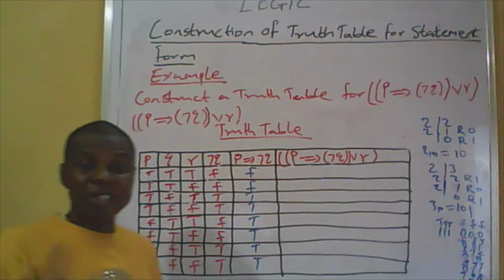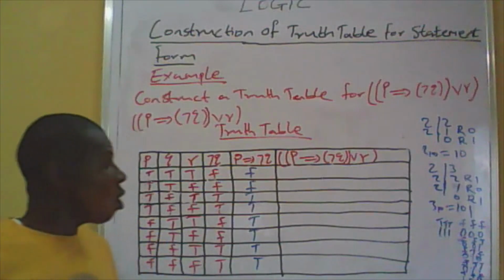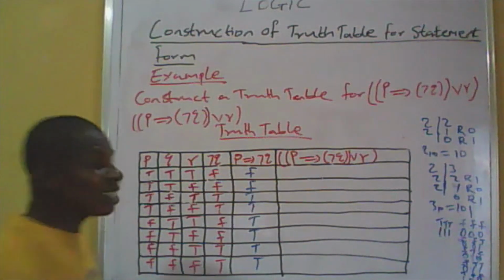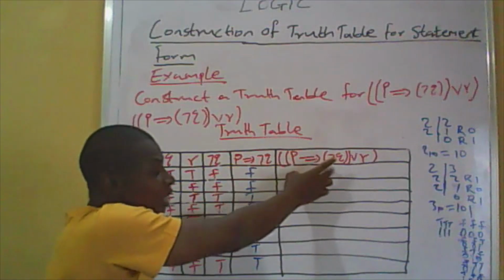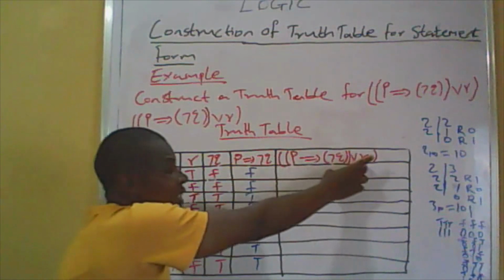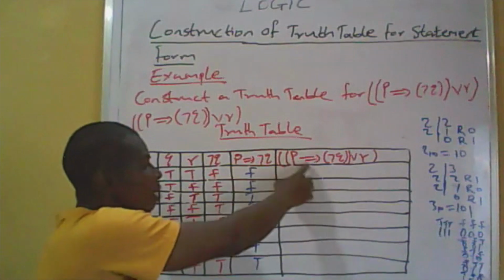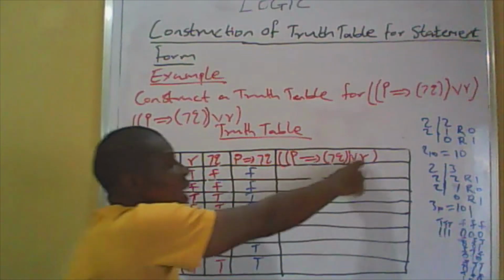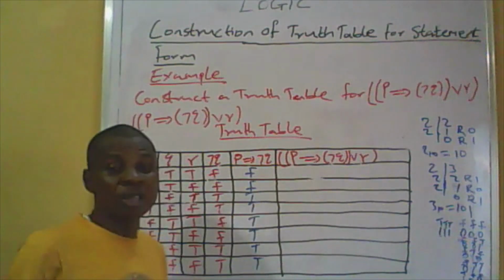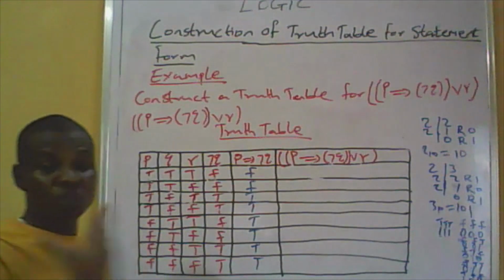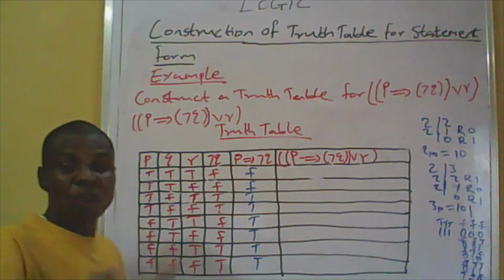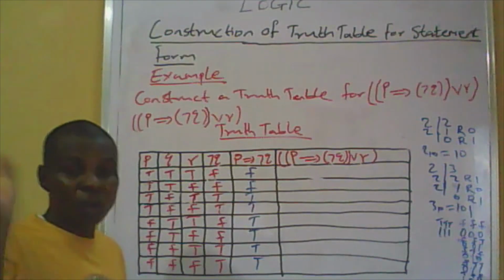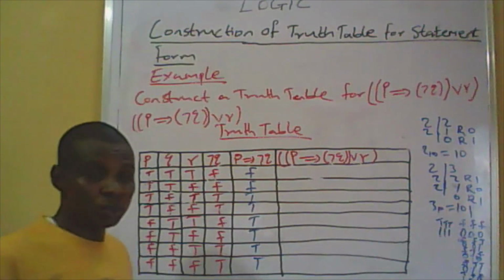The semantics for implies is that when the antecedent is true and the consequent is false, that means it's going to be false. Otherwise, it is T, true.